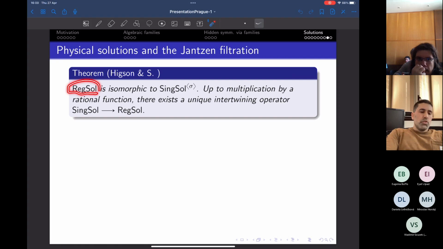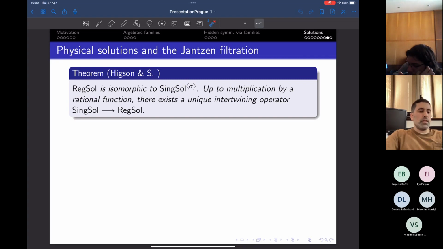So I have defined, and we spent a lot of time on, regular solutions. I briefly said what singular solutions are, but you can think of them as solutions that behave as singular near the origin. There is some twist, some dual of singular solutions, that is done using this anti-holomorphic involution.